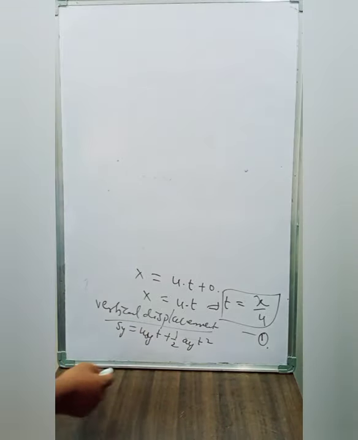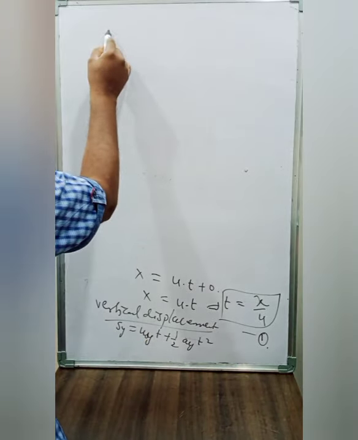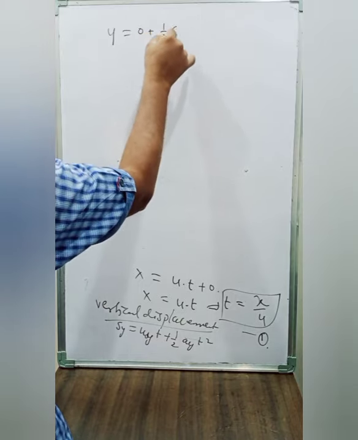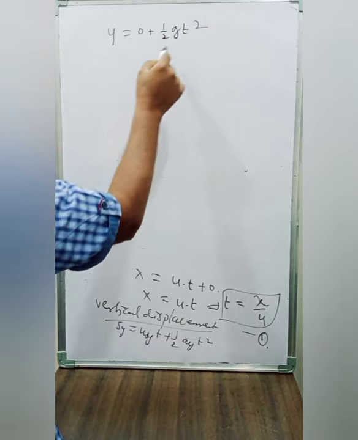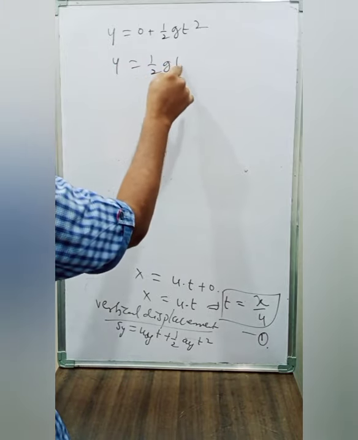Sy is equal to uy t plus half ay t square. Sy means y, uy is 0, and a is equal to g, so y is equal to half g t square. This is equation number 2.